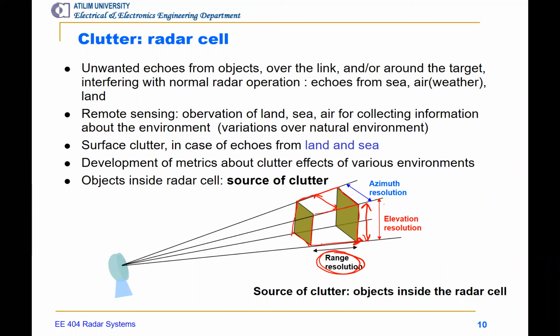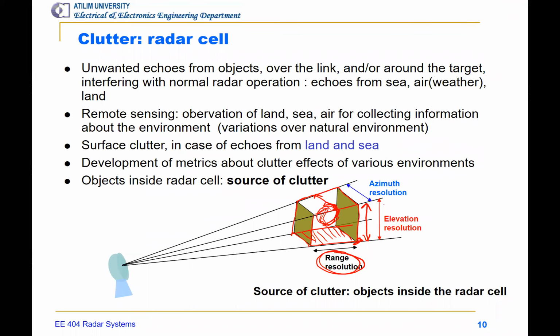Okay, we can think about surface clutter when there is an object over, let's say, this azimuth plane, for example. If there is an object inside this three-dimensional cell, then that's going to be volumetric or volume clutter.